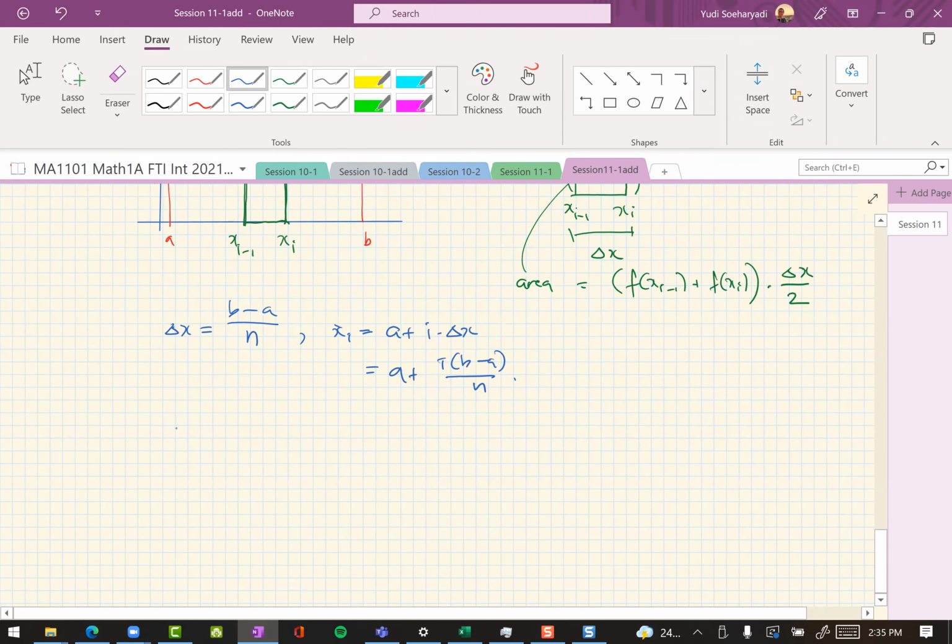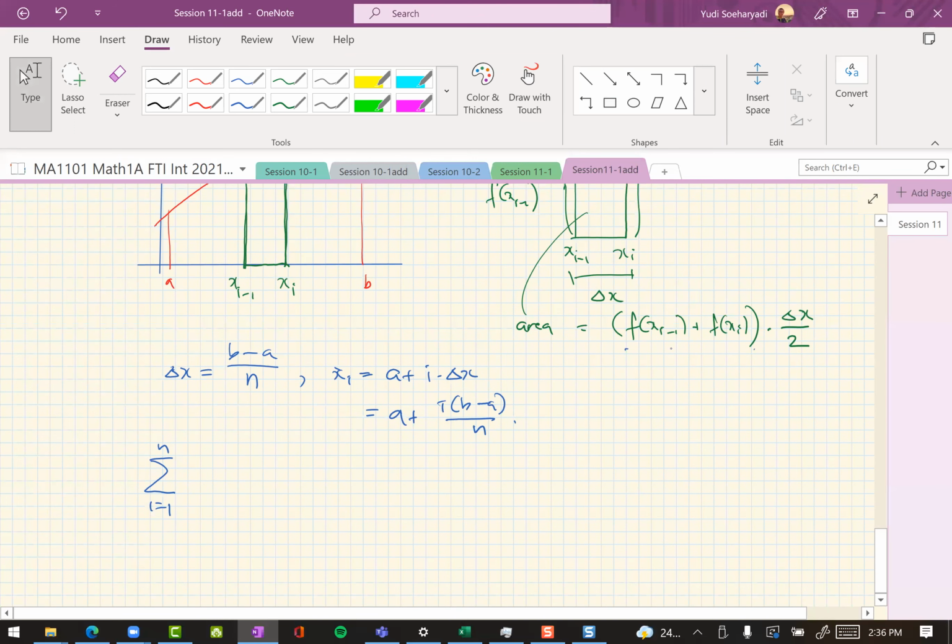So what we see here is that what we need to compute is the approximation using n trapezoids.